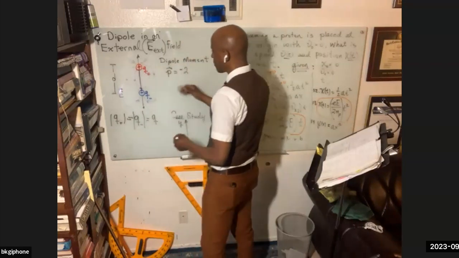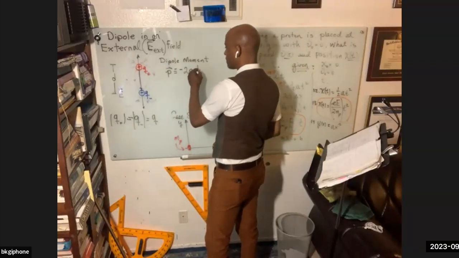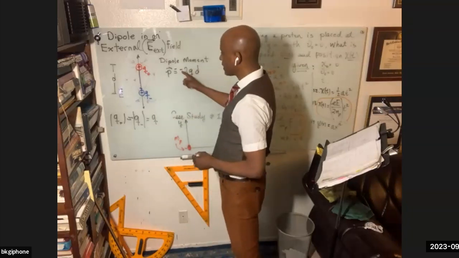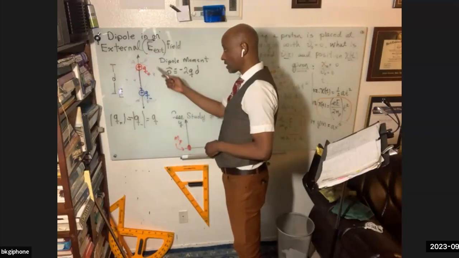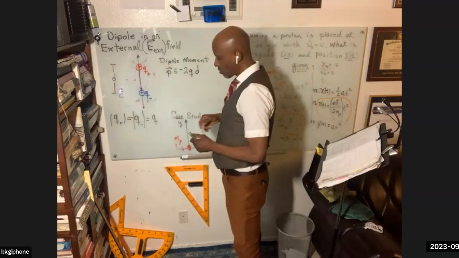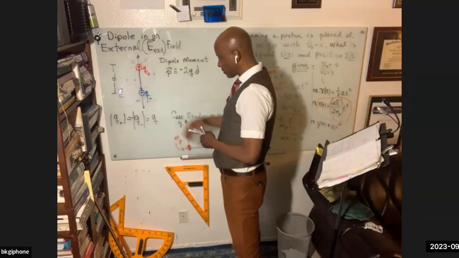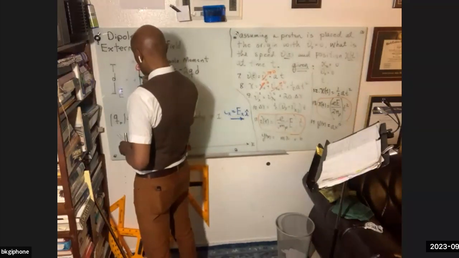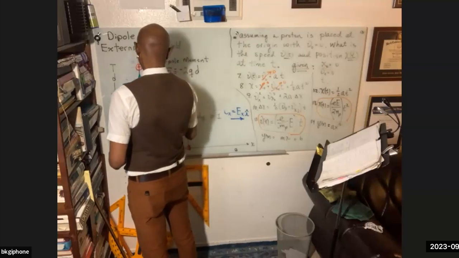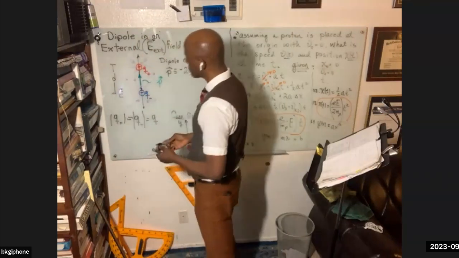Then the dipole moment was defined as minus 2q times d. And the minus sign indicates that the dipole moment is pointing in the opposite direction relative to the field. So the dipole moment exists between the two charges, and if I were to represent it vectorially, it looks like this. So that is p in the electric field. Okay.